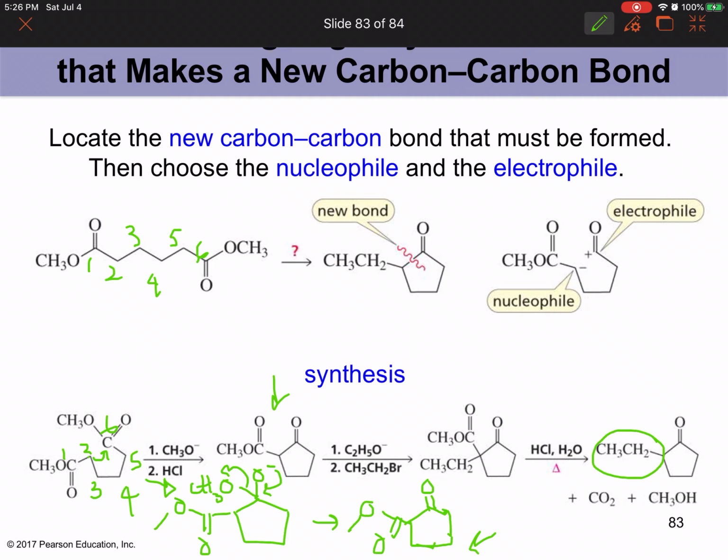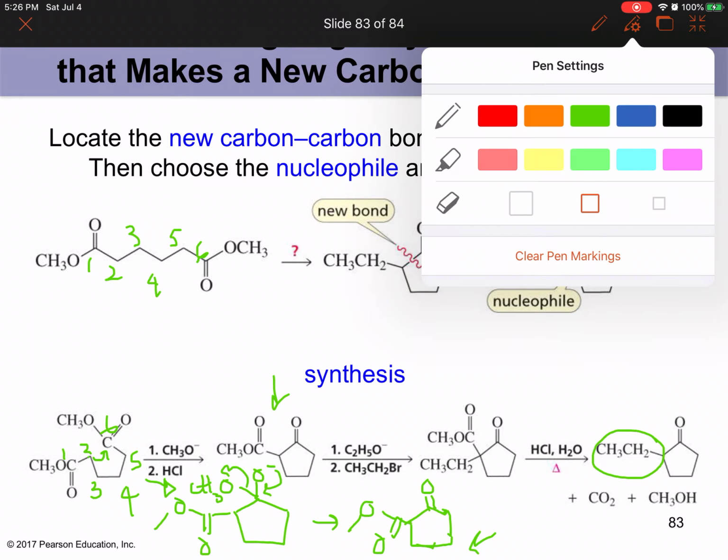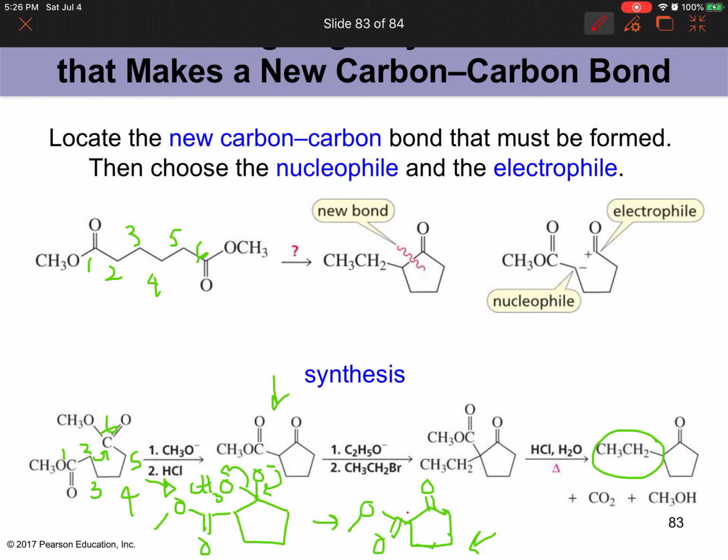Okay, and then what you're going to do is react this with ethoxide. Why? Because we want to deprotonate this hydrogen over here. Once you deprotonate that one, you're going to make a negative charge right there, and then you're going to react it with ethyl bromide and lose the bromide.